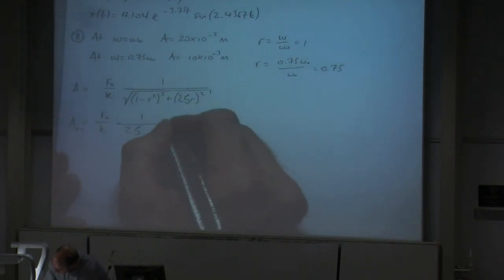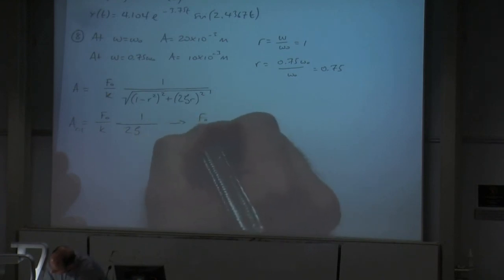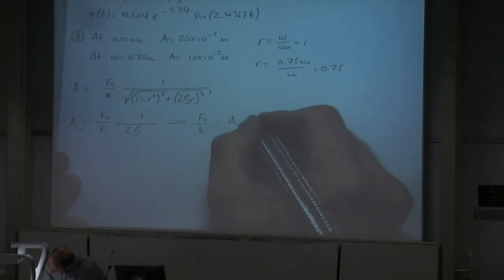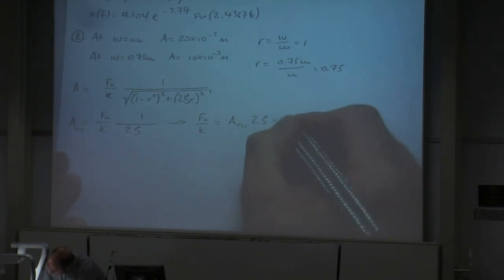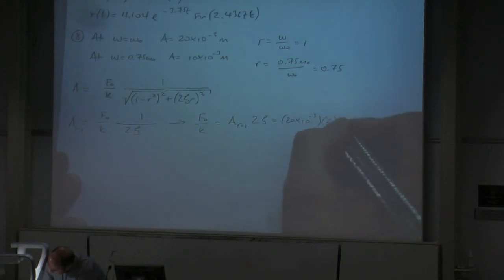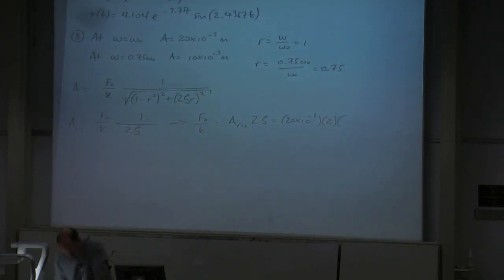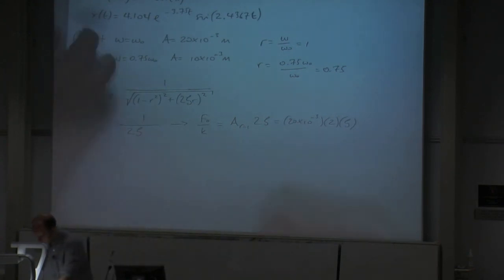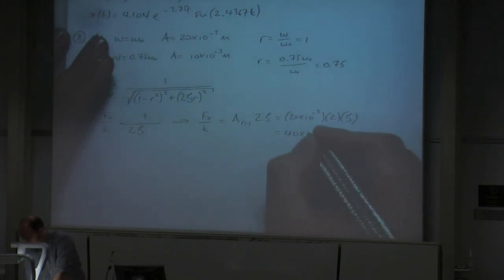Let's rearrange this. F0 upon K equals A, when R equals 1, times 2 zeta. So we have 20 times 10 to the minus 3 times 2 times zeta, which is what we're trying to find. So that equals 40 times 10 to the minus 3 zeta.